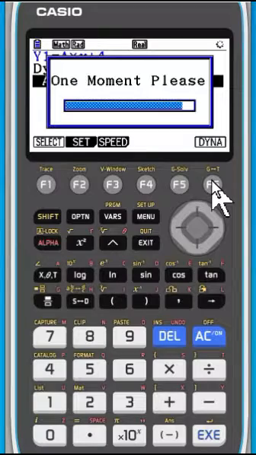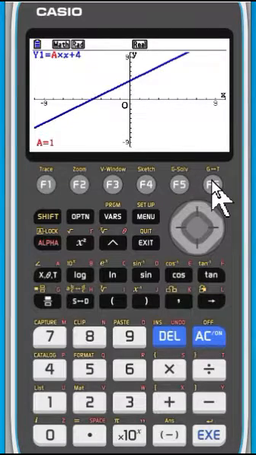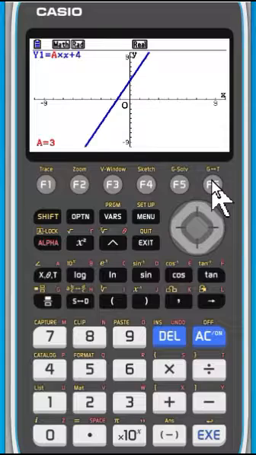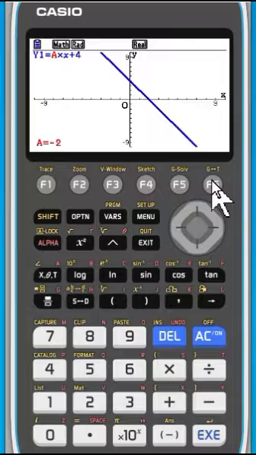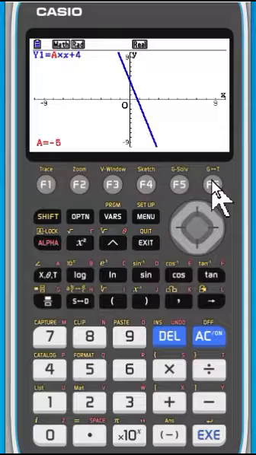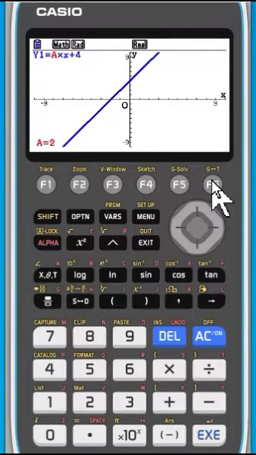So what it is going to do, it is giving you so many versions of the same equation. So the value of a is changing from negative 5 to 5. So negative 5x plus 4, negative 4x plus 4, negative 3x plus 4, negative 2x plus 4, and ending till 5x plus 4. And you can quickly say what happens when the coefficient of x, that is slope, is changing, how your equation is behaving. So it is becoming increasing function to decreasing function, and so on and so forth.